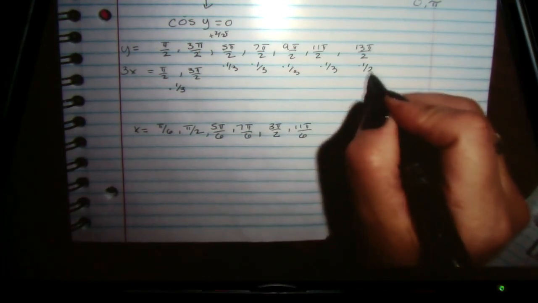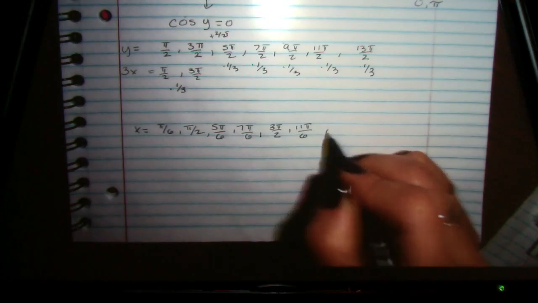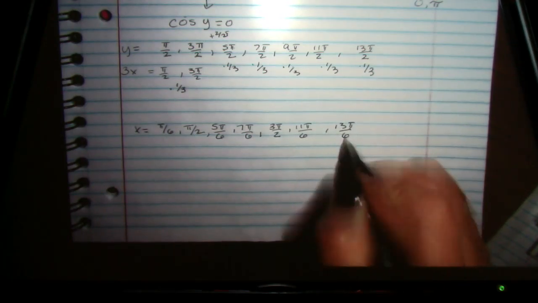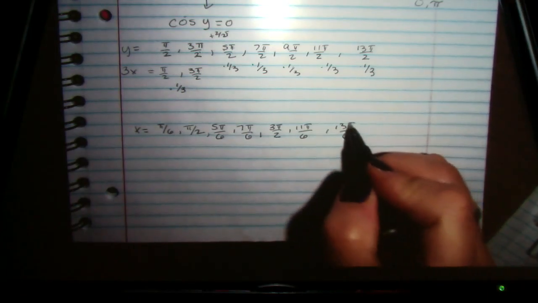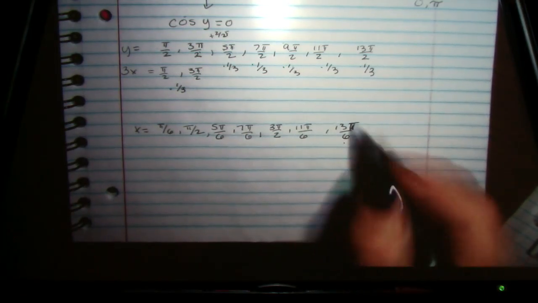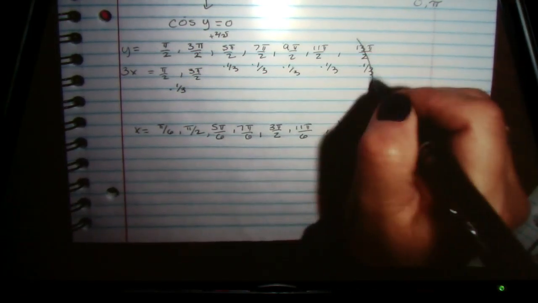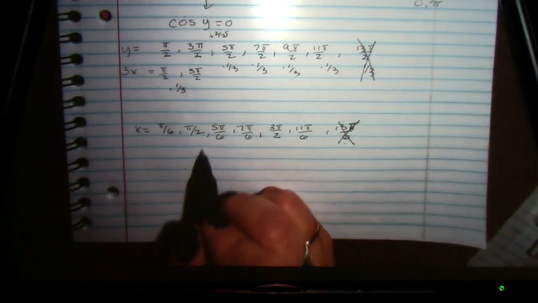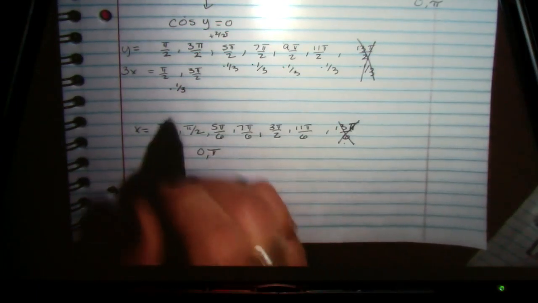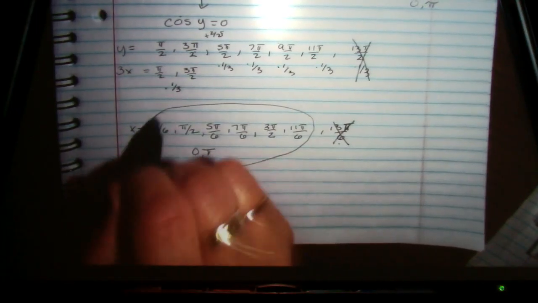No, so let's add another 2 pi here. Multiply that by 1/3. We get 13 pi over 6. Yeah, this is bigger than 2 pi, so this one doesn't work. So I don't need that one. So my answers are all of these.